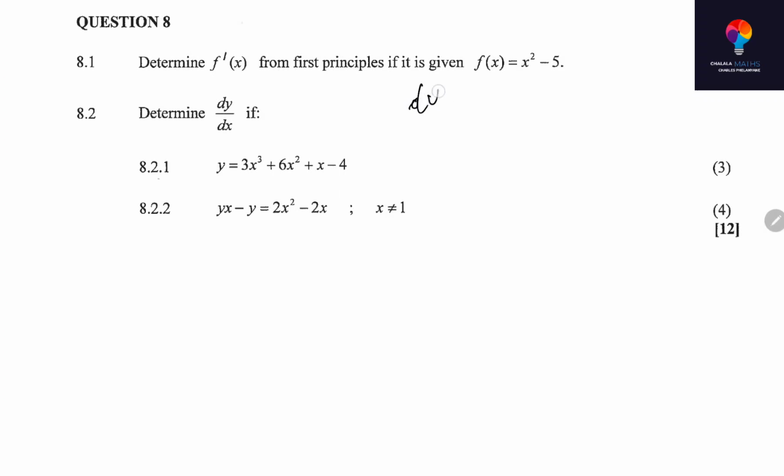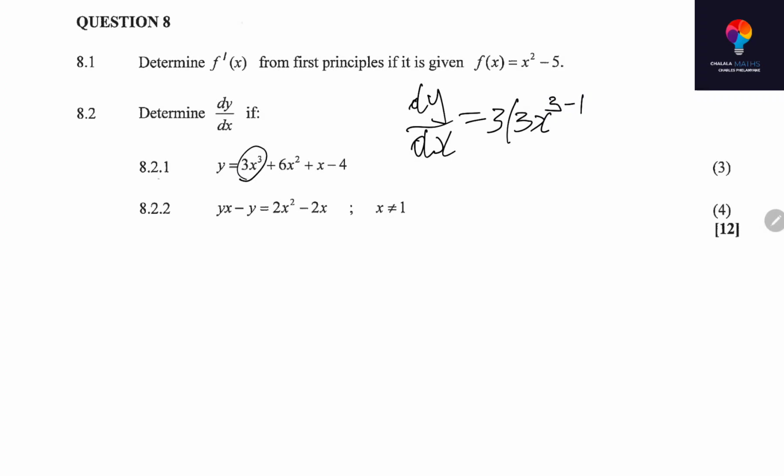Question 8.2 says we must find the derivative dy by dx of 3x cubed plus 6x squared plus x minus 4. And the derivative in this case is going to be 3 times 3x to the power 3 minus 1.